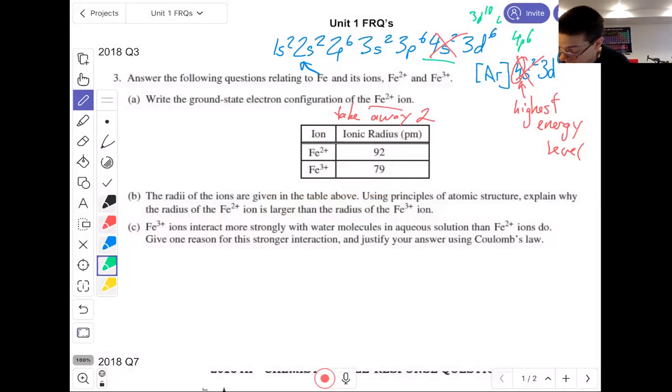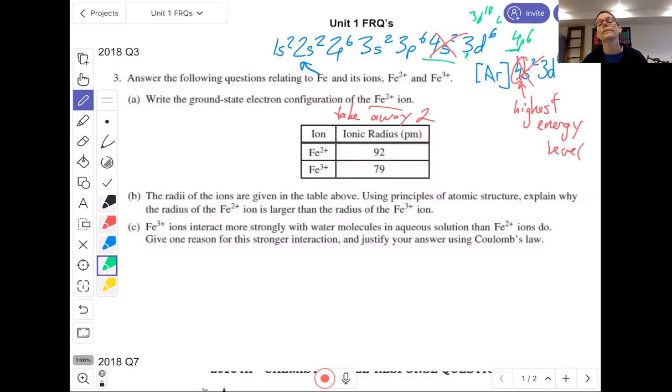And so again, 4 is higher than this 3 in between. D is never a part of a valence electron. So your valence electrons are always going to come from S and P. So if you ever forget which electrons do I lose when I make an ion, it's always going to come from S and P.